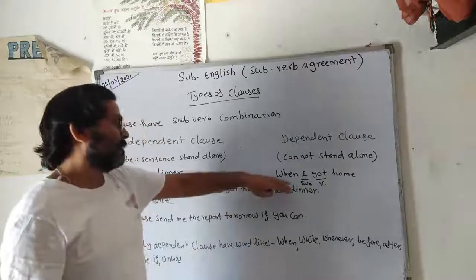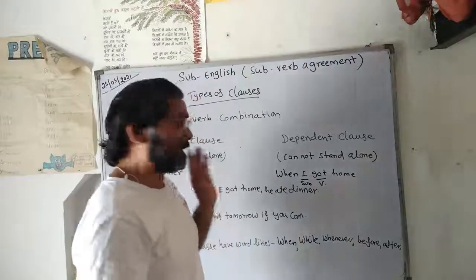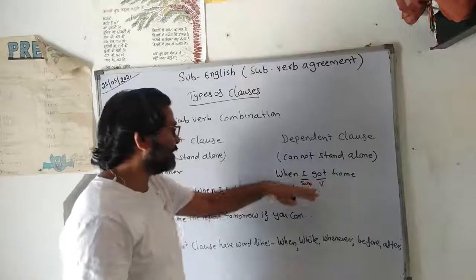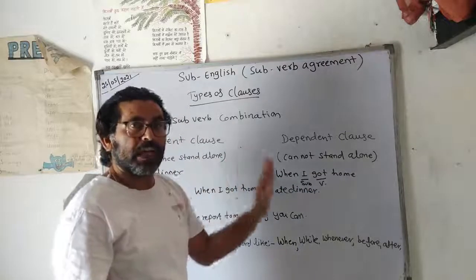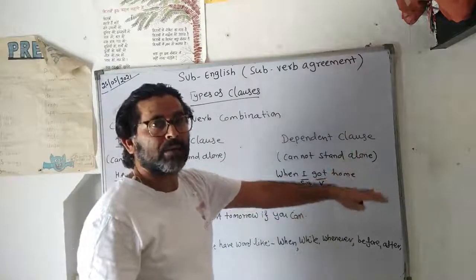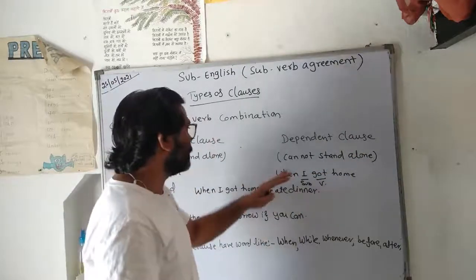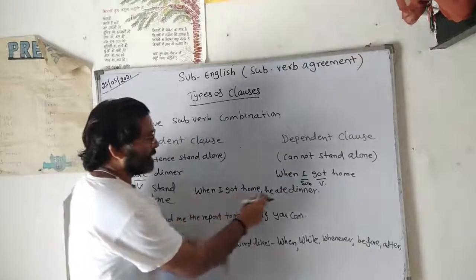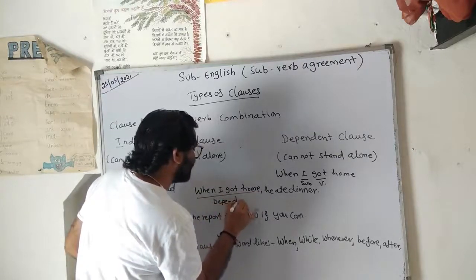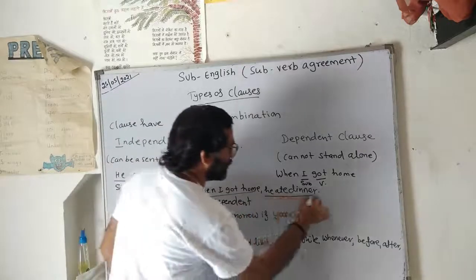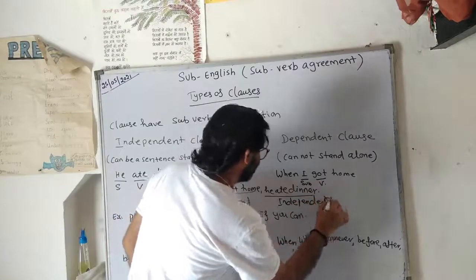Because it needs an independent clause to exist, and this is not one. We have to add an independent clause to complete the sentence. So what would be the correct sentence? "When I got home, he ate dinner." This is the dependent clause, and to make it exist we used an independent clause at the end of this complete sentence.